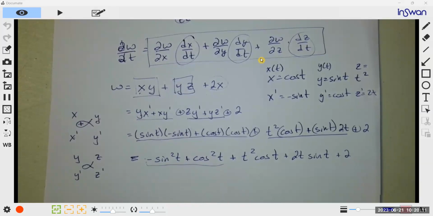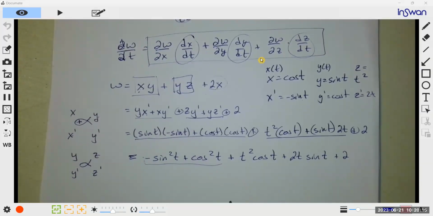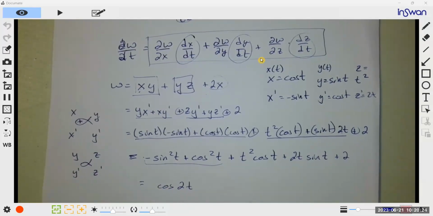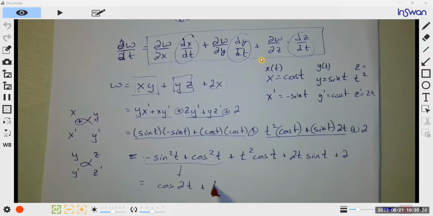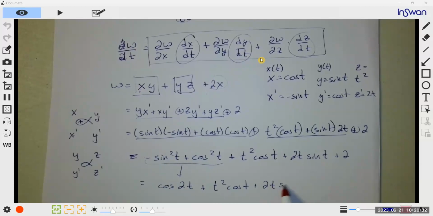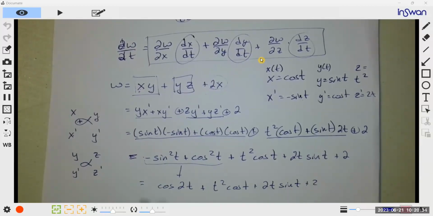And the only thing really we could simplify using the properties was that negative sine squared t plus cosine squared t is cosine 2t, and leave everything else alone. And there's the derivative pretty much of our w function.